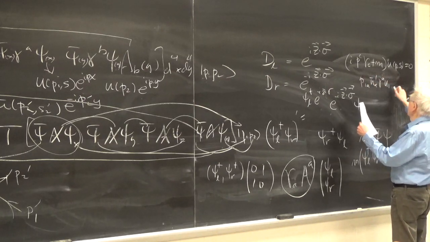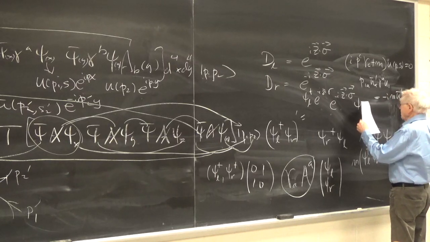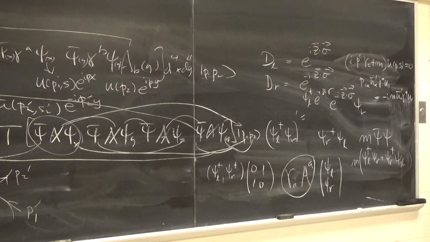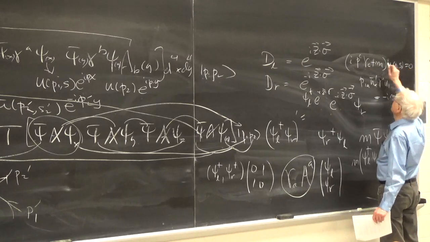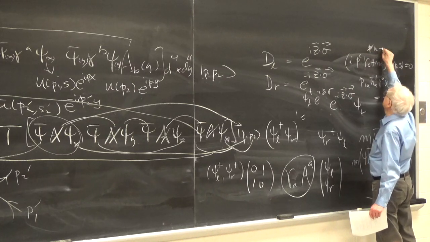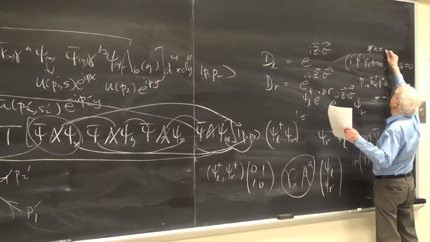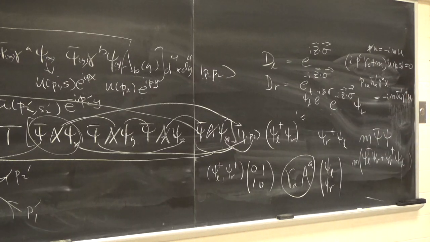P slash on u1 is minus i m u bar 1 prime gamma a u1. So in other words, this equation is saying that i p slash is minus m, and so p slash u is minus i m.